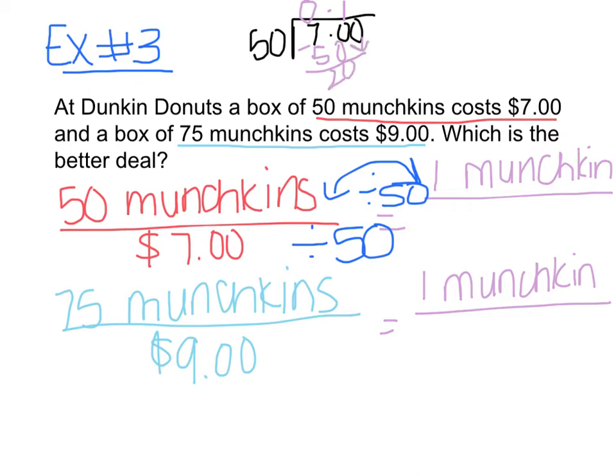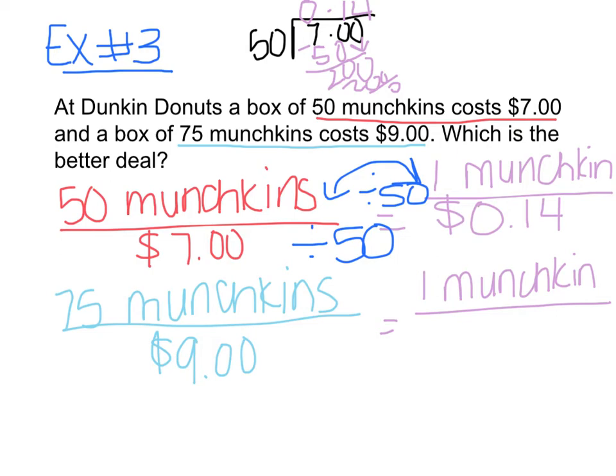Bring down the 0. 50 goes into 200 4 times evenly. So for 1 Munchkin, it costs 14 cents.